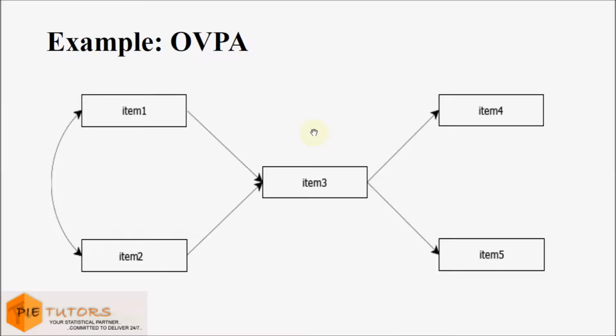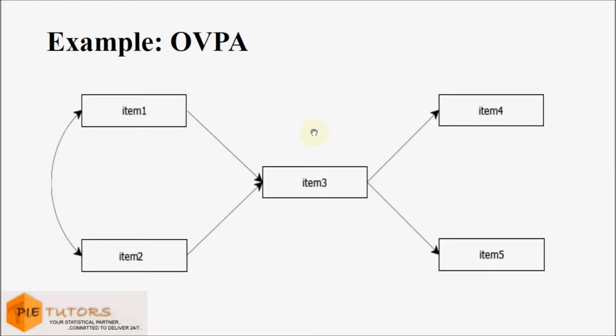Here is an example of an observed variable path analysis. So here we can see that there are 5 observed variables. We can see that item 1 and item 2 covary. Also we can see that item 3 is getting predicted using item 1 and item 2.